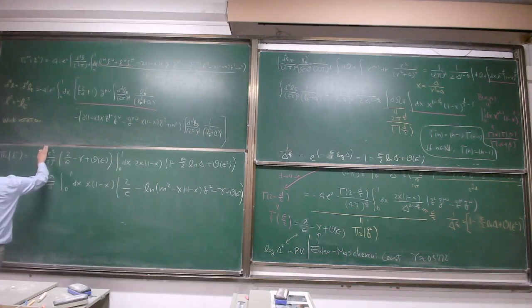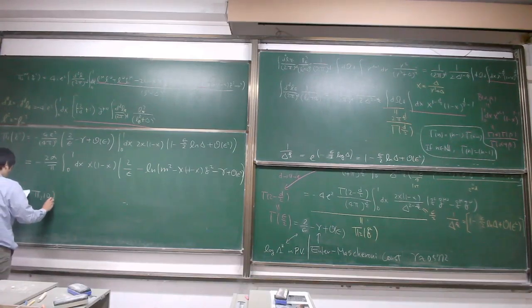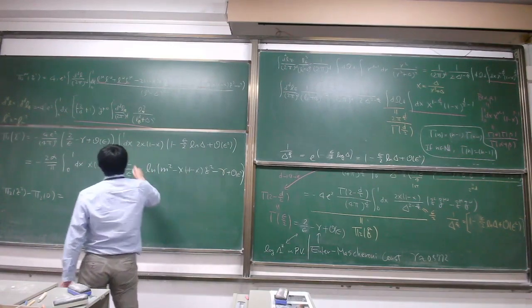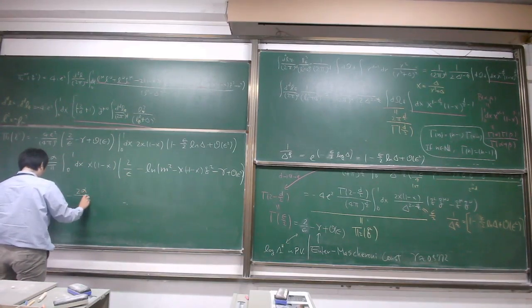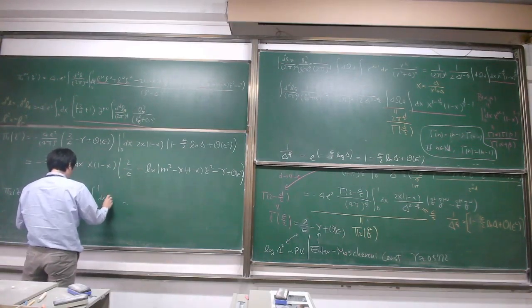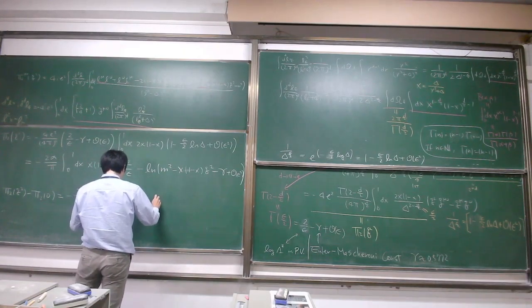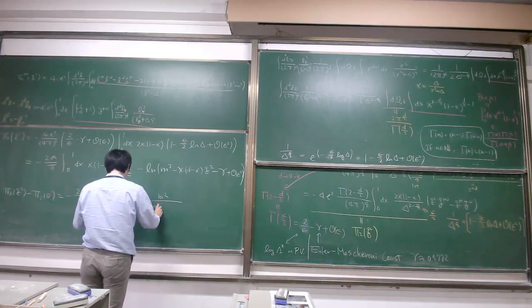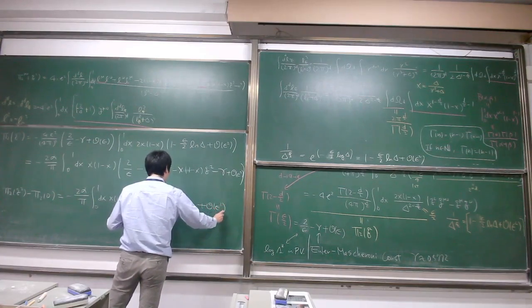So what we need to do is to take the difference of Pi at q squared and at 0. If you take the difference, you just set q squared to 0 and subtract, then the infinity disappears. And then what we have is 2 alpha over pi, integral from 0 to 1 dx x (1 minus x) log of m squared over (m squared minus x(1 minus x) q squared), plus order epsilon.